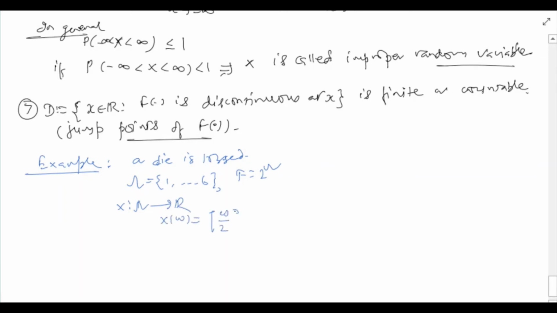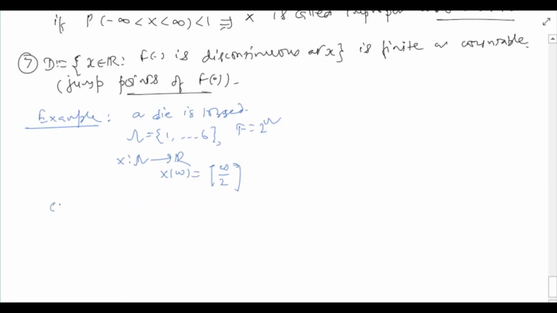Recall that in this case the CDF F of x had the following form: 0, 1/3, 2/3, 1.